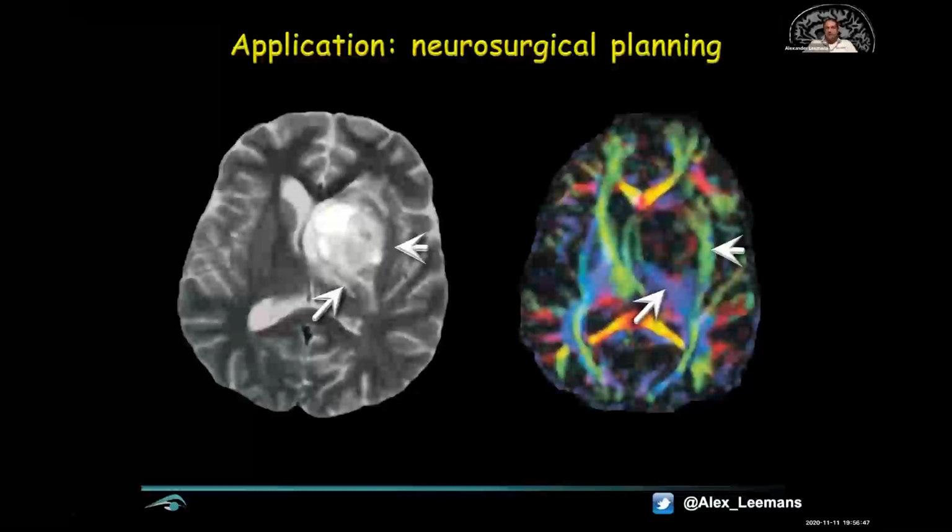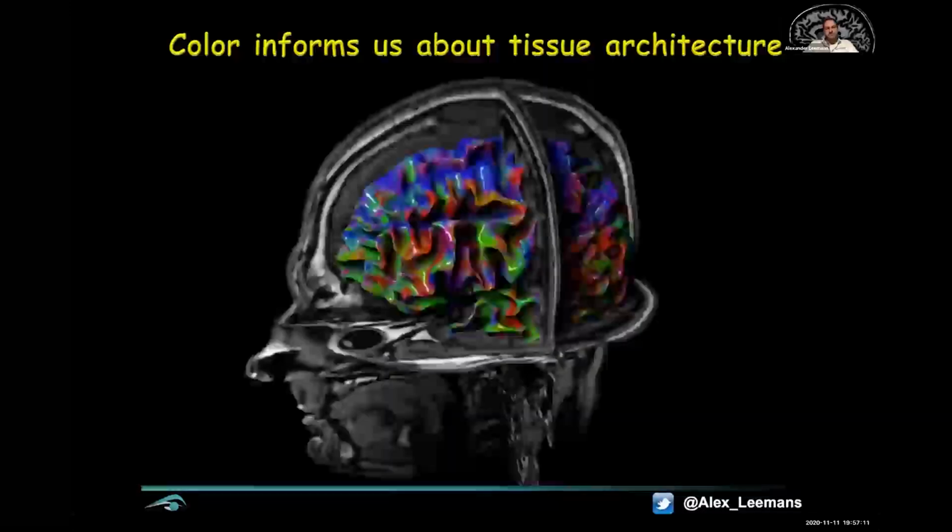To put it bluntly, if there are two strategies the neurosurgeon could consider, they can now be more specific about what the collateral damage would be from the different options. Is there going to be motor impairment? Is there going to be some language deficit? These things can now be integrated more clearly in the planning procedure.